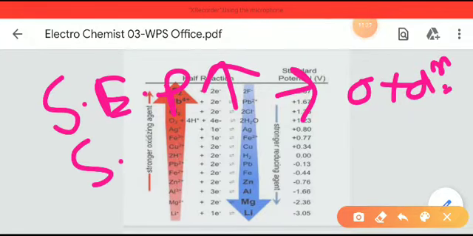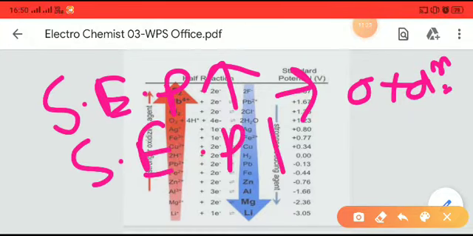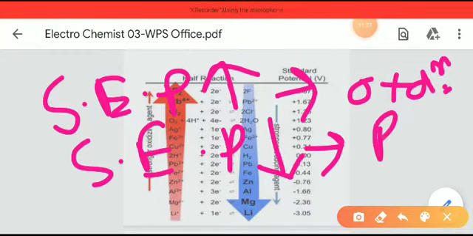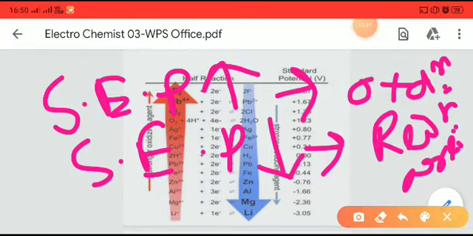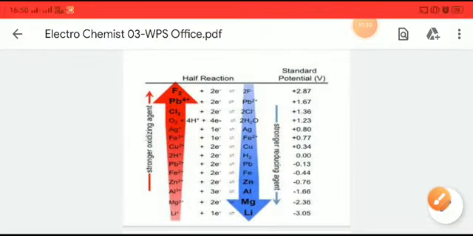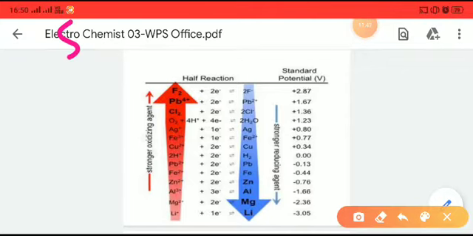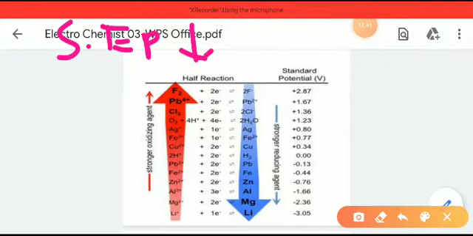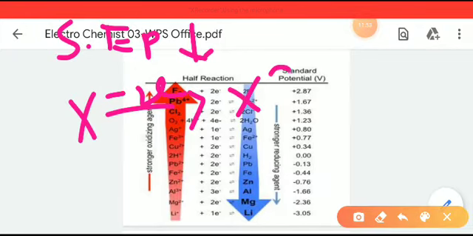If the standard electrode potential is lower, then it will act as a reducing agent, because it will not be able to accept electrons. It will donate electrons and become X2 plus.